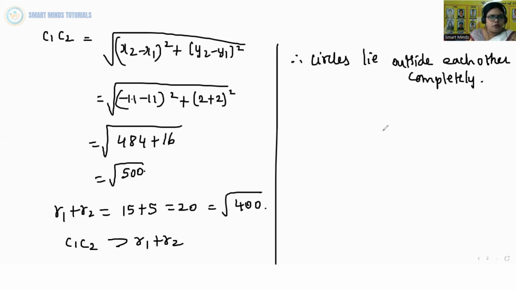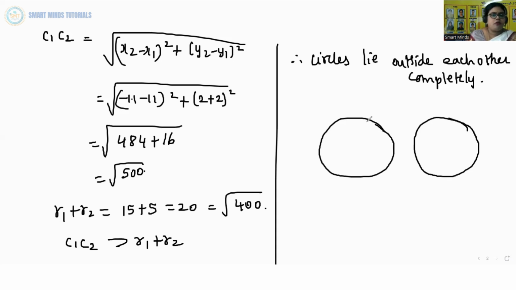Now we need to draw the figures. So both the circles are far apart. And now this is a question of direct common tangents. So we get a tangent from outside. And this is the point of contact.